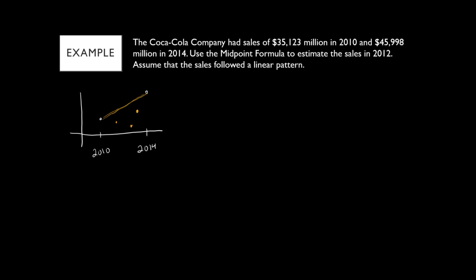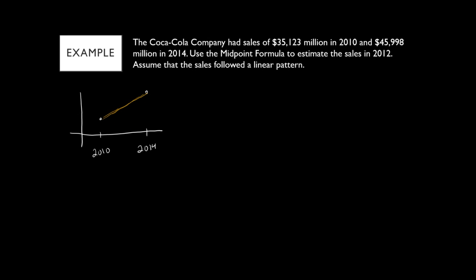So if I use the midpoint formula, but the actual pattern was not a line, I'd have a terrible estimate. So that's why we're saying assuming that they follow a linear pattern, because that allows you to use the midpoint to estimate that out. We don't necessarily need to say that when you use the formula to estimate the sales in 2012, because 2012 is the midpoint, the halfway point between 2010 and 2014.